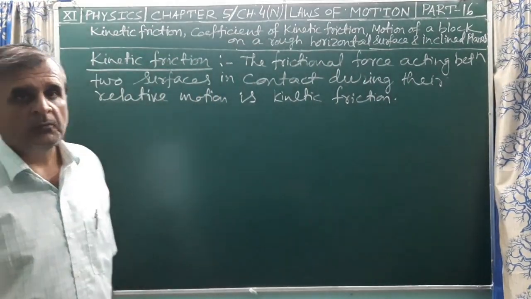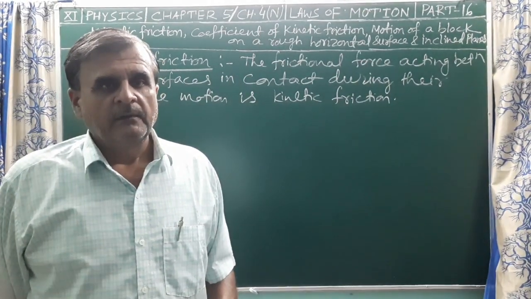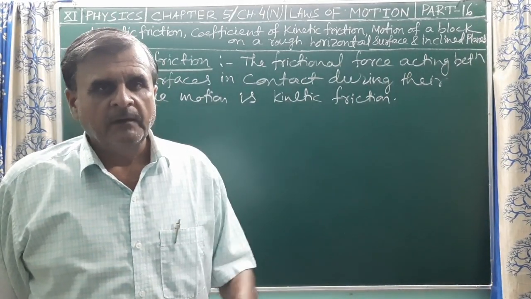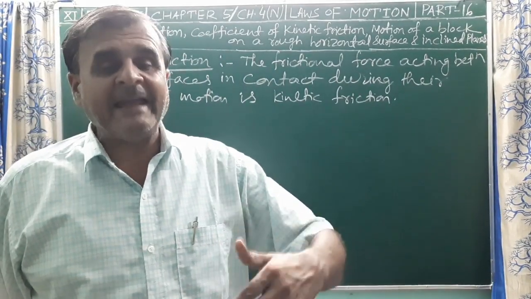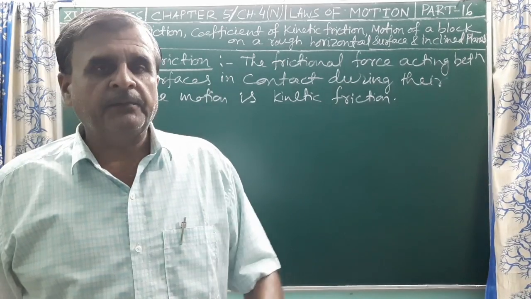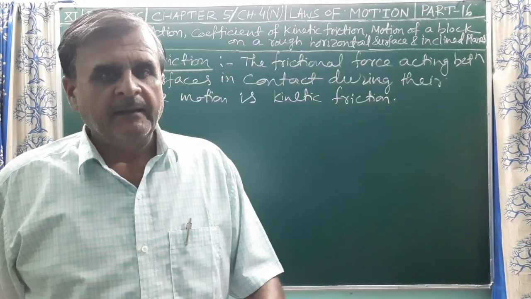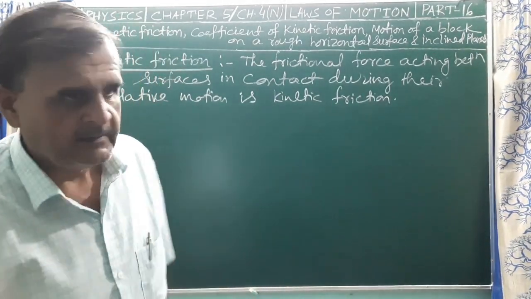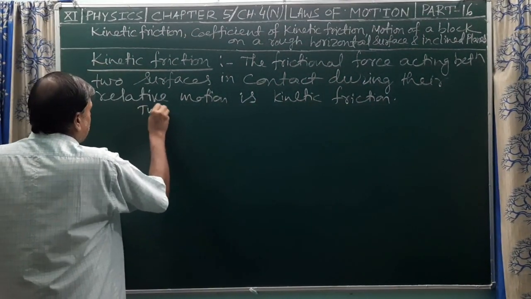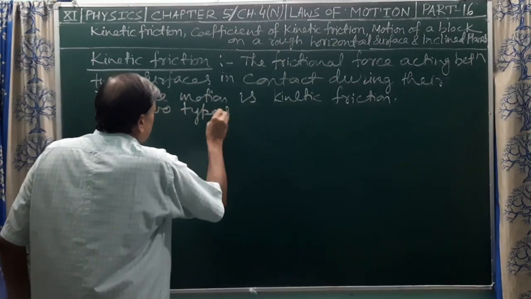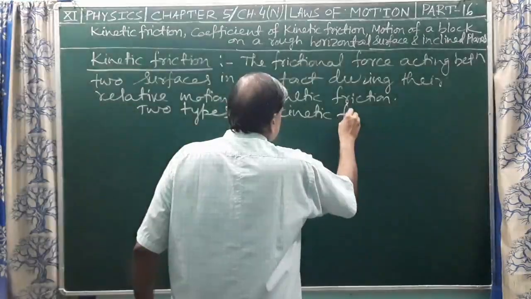It is easier to roll a body in comparison to push and pull. किसी बॉडी को रोल करके एक जगह से दूसरी जगह तक ले जाना ज़्यादा ईजियर है instead of moving a block or a body by pushing it and pulling it. So there are two types of kinetic friction. Number 1 is sliding friction and number 2 is rolling friction.